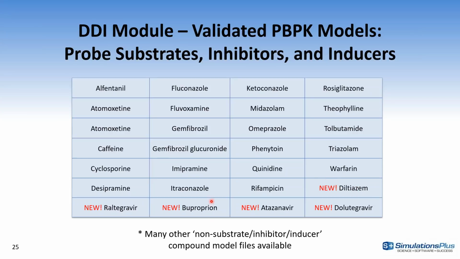We have bupropion as a new 2B6 substrate, CYP2B6. Raltegravir or dolutegravir are probe substrates for UGT1A9, and atazanavir is mainly a competitive inhibitor of UGT1A9. So some additional specifications or models that you will have in this version.